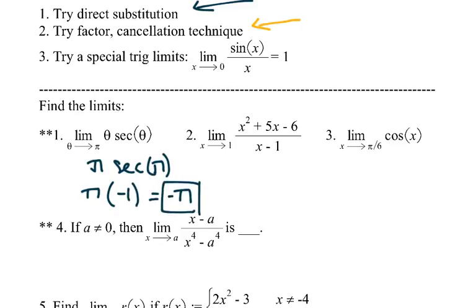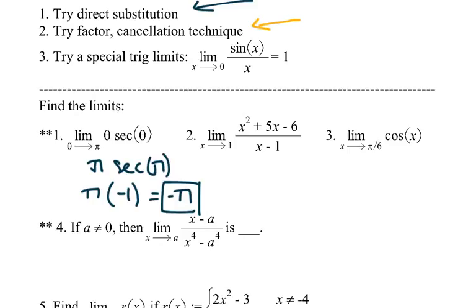And notice, sometimes with these limit questions, it's not going to be the concept of limits that holds you up. It's going to be your trigonometry and algebra skills. So make sure you are still practicing that trig stuff and those algebra skills. Number 2, as we said, if we try to plug 1 in, we're going to get a divide by 0. So that's a problem.